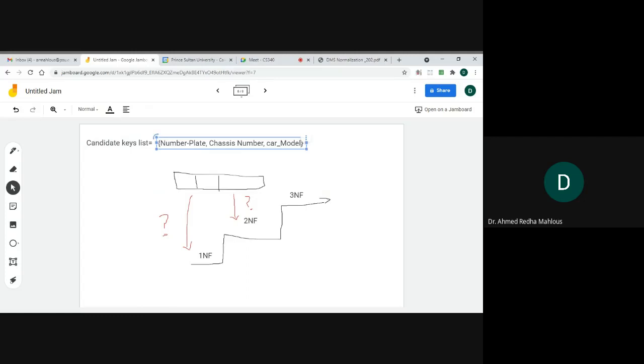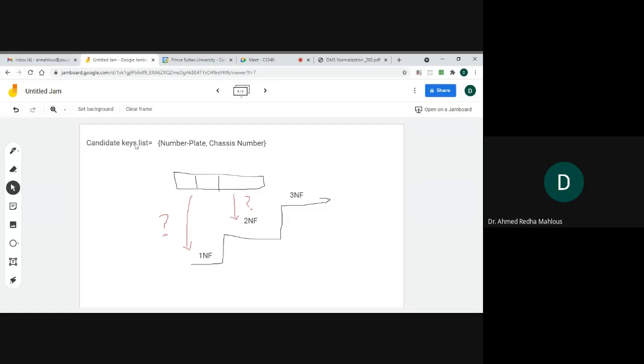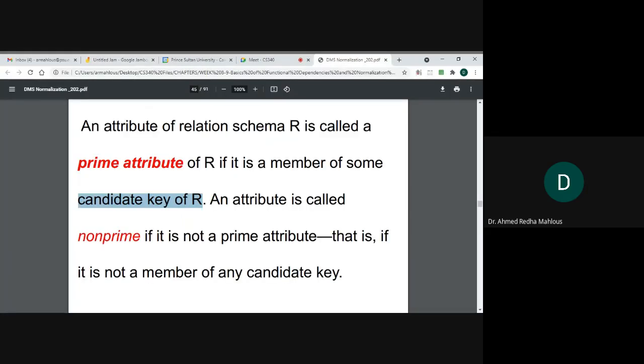Can the car model be considered a candidate key, guys? No. Why? Because there are a lot of cars of the same model. If I tell you the car model, you cannot tell me the number plate or the color, because there are many cars of that model. That means it is not unique, so I cannot make it an element of a candidate key or a primary key. So I will remove it. It is a non-prime attribute, which means any attribute that is not in the list of candidate keys is considered a non-prime attribute.